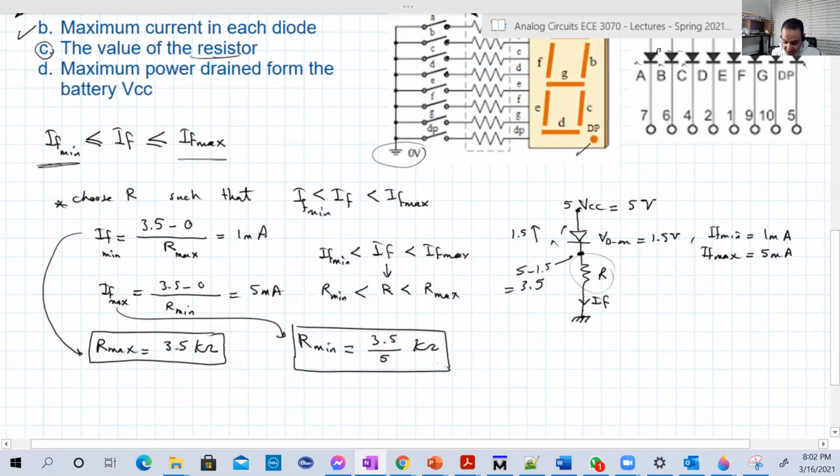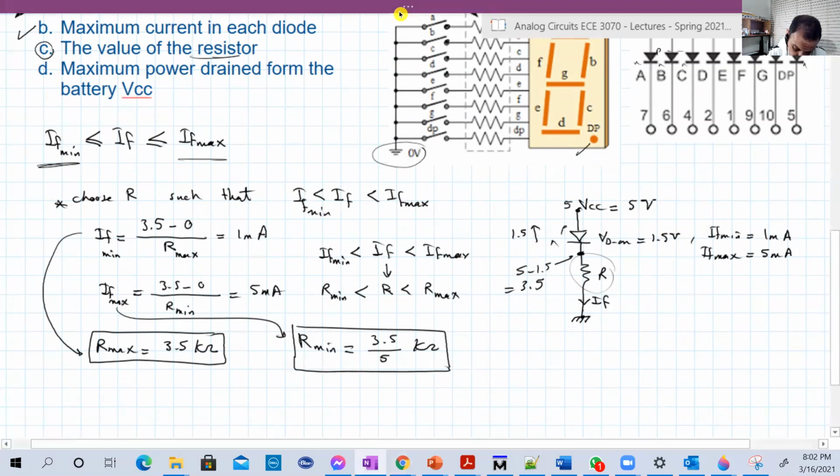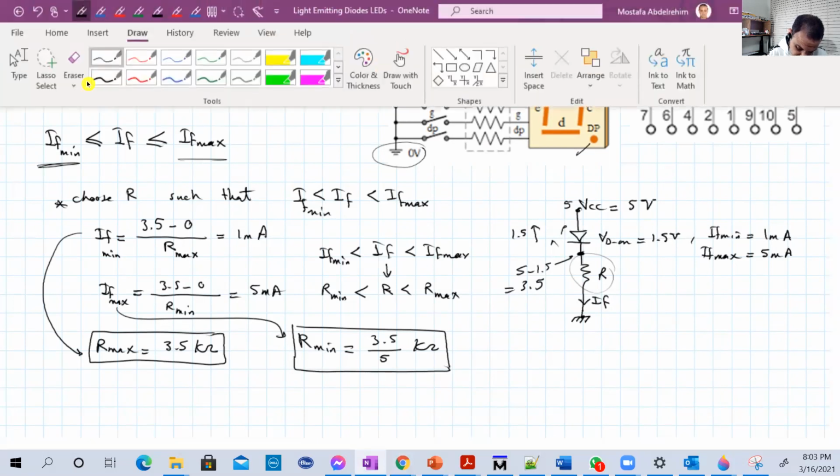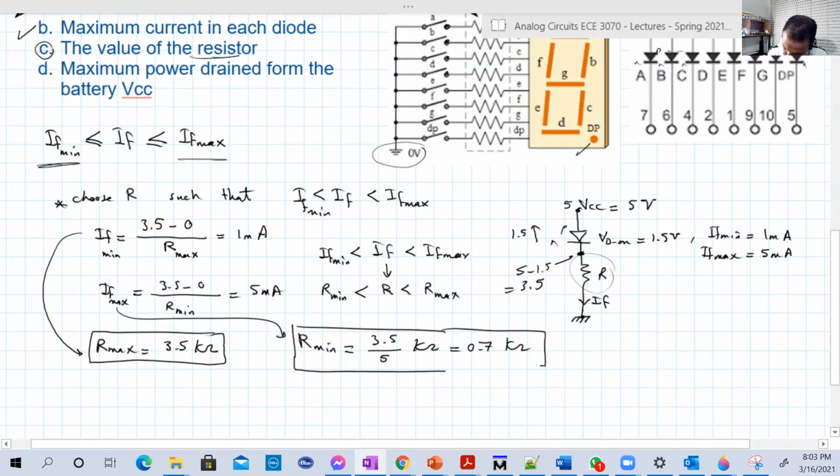So we can choose R with any value between 3.5 and 3.5 over 5, which will be 0.7 kilo ohms.